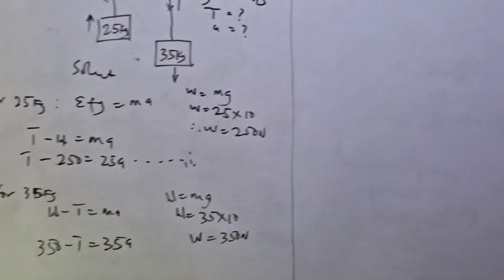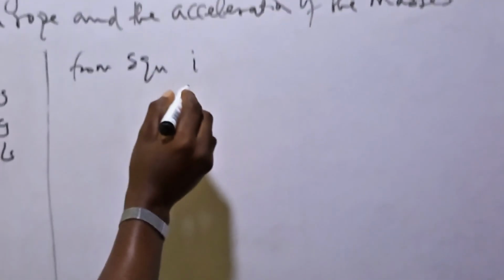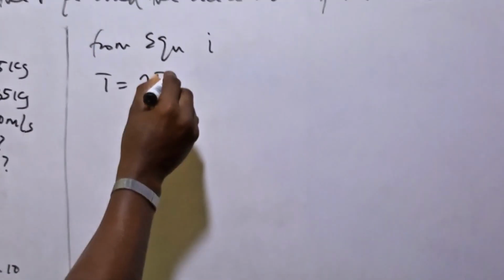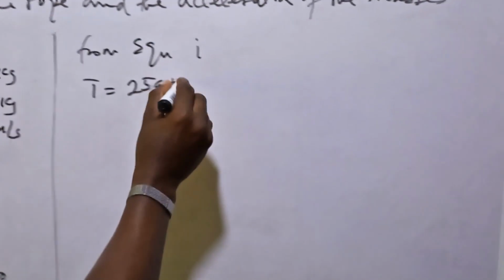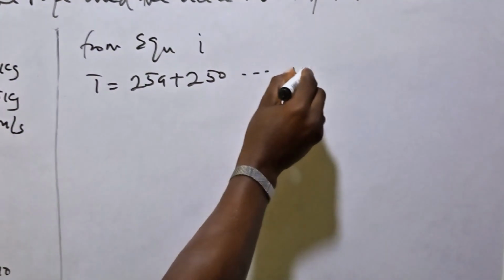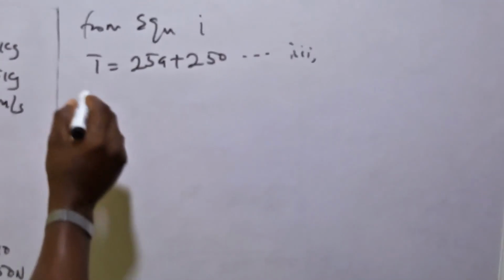Now, from equation 1, we have that T equals 25a plus 250. Let's designate this as equation 3.